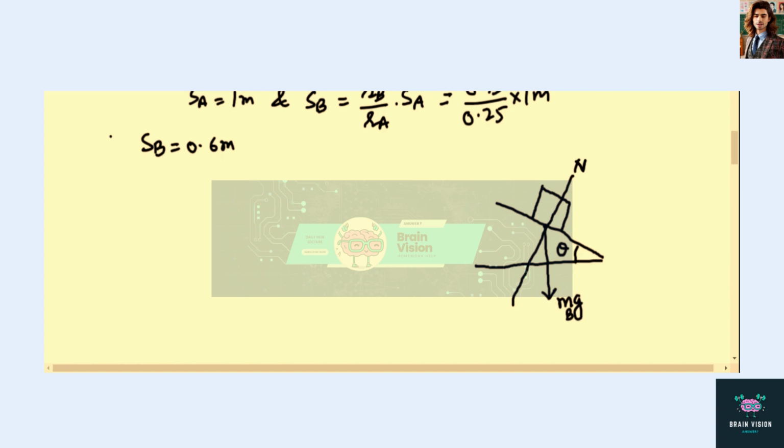It could be resolved into two components, mBg cos theta and mBg sin theta, and here there will be a friction. So this is the free body diagram of the block B.